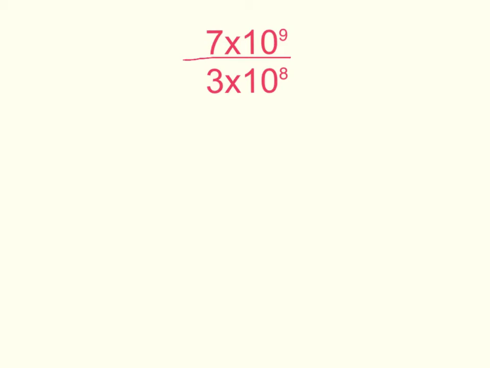Okay, so let's use those steps to solve this problem. We first have to divide our coefficients. So what is 7 divided by 3? When you divide, you should get 2.3 repeating. So let's just round that to 2.3.